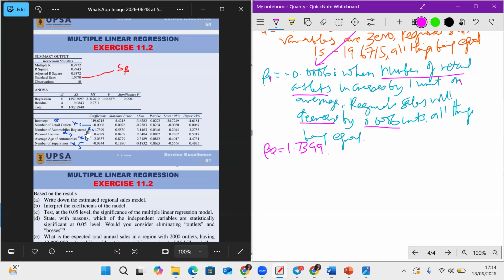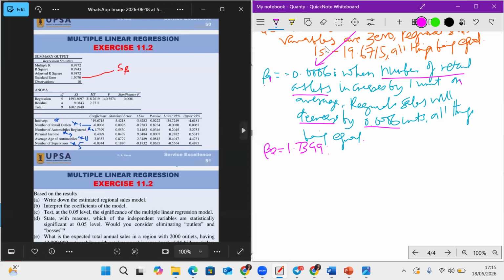Number of automobiles registered. So if number of automobiles registered increases by 1 unit on average, regional sales will, since B2 is positive, increase by 1.7399 units, all things being equal.